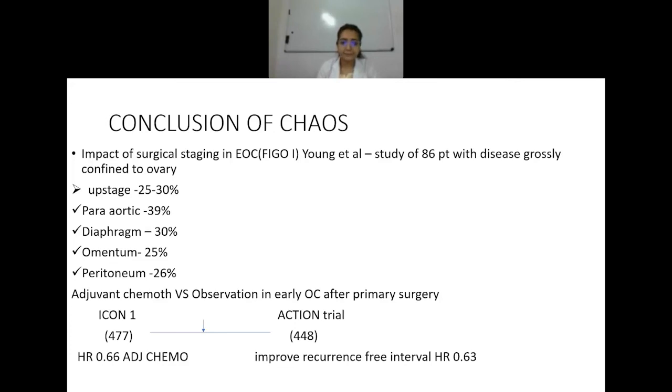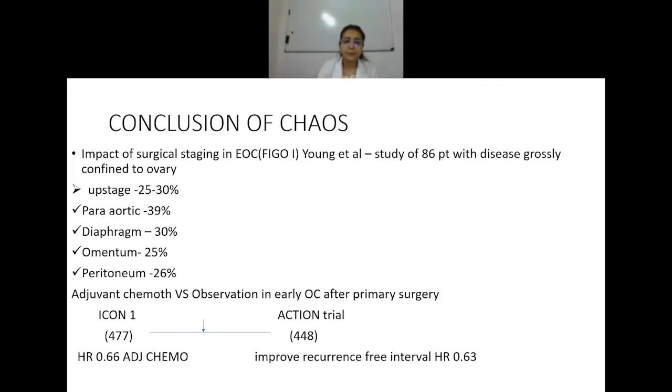peritoneum 26%. There was another trial addressing the difference between adjuvant chemotherapy versus observation in early ovarian cancer after primary surgery. The two trials were the ICON 1 and ACTION trials. The hazard ratio was 0.66 in ICON 1, and in ACTION it was 0.63.